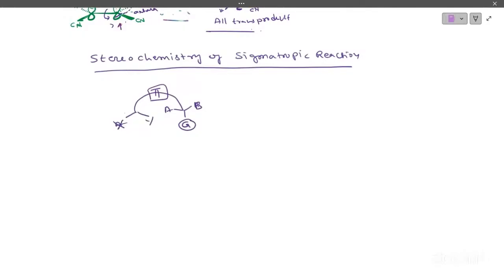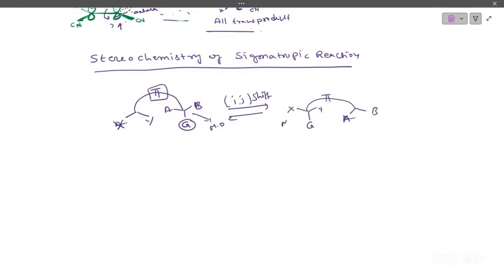Now, after migration, suppose this one is an i,j shift. The G is shifting from this position. It is known as the migration origin. It is moving from the migration origin to the migration terminal.